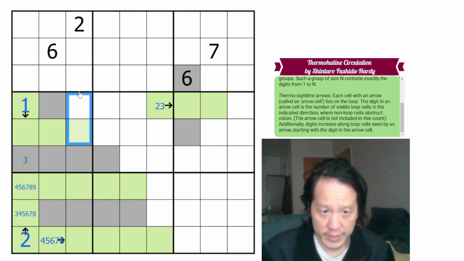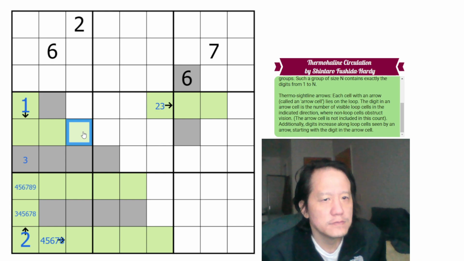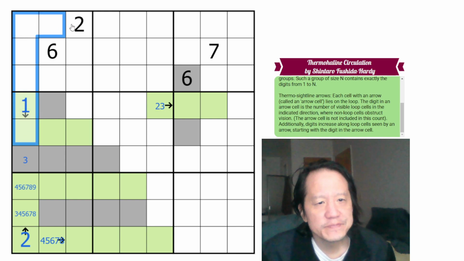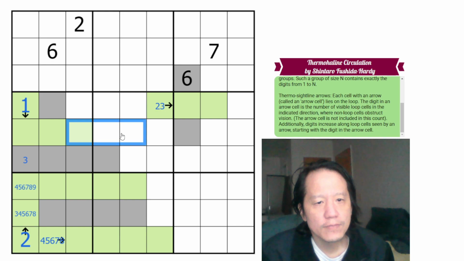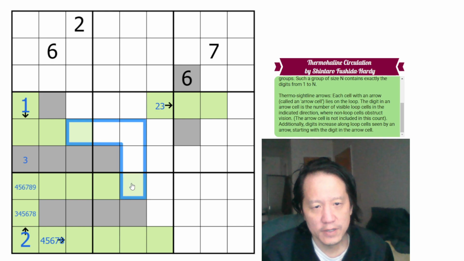This could go back this way. And then go something like this. Well, I guess it could connect that way.